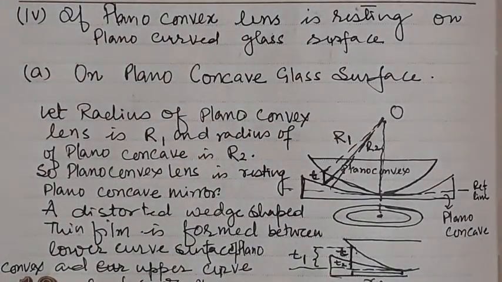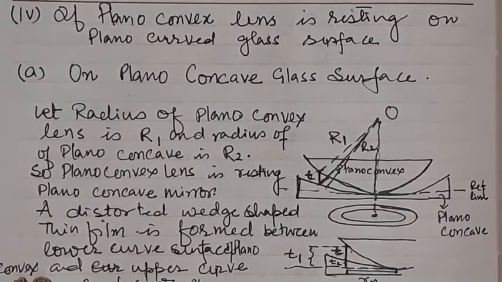The next important problem is: what would happen if the plano-convex lens is resting on a curved glass surface? In this case, case 1, a plano-convex lens is resting on a plano-concave glass surface.